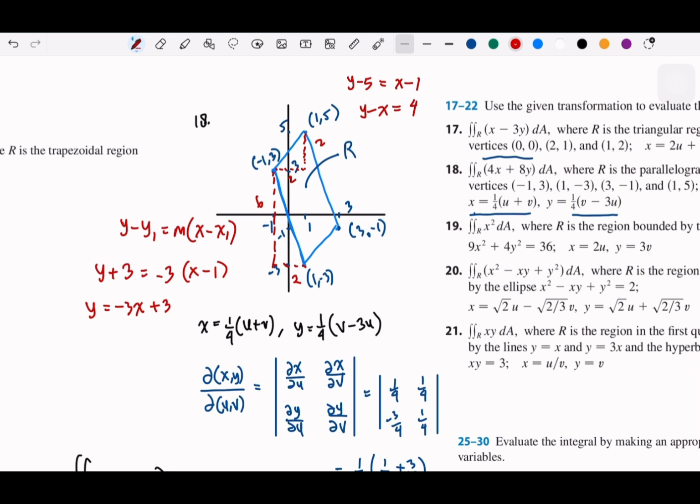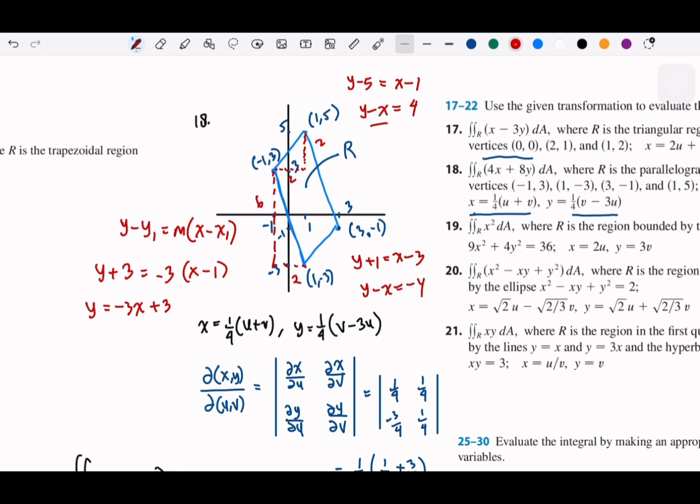So either you can check this and this, or this and this. I think I choose this one because maybe it's simpler, since it has 3. So I will take this and then get another one. y plus 1 equals x minus 3. So this will be y minus x is minus 4.